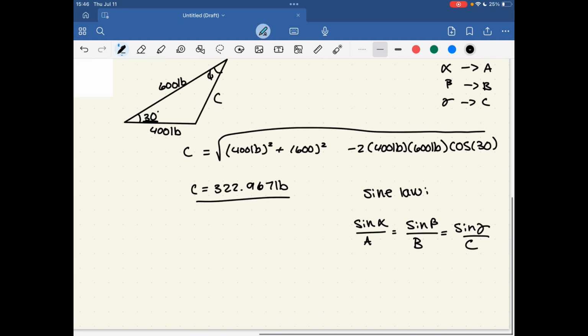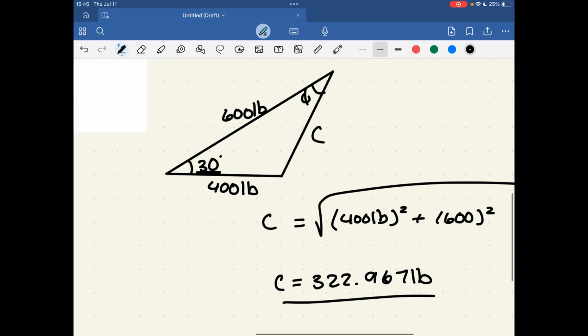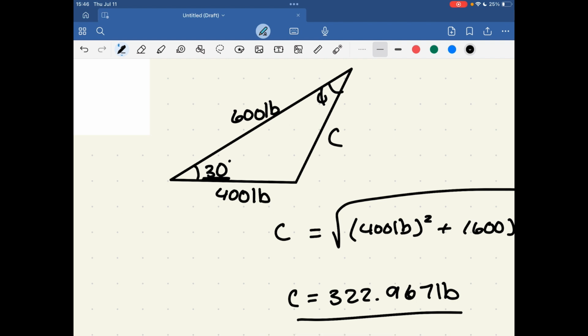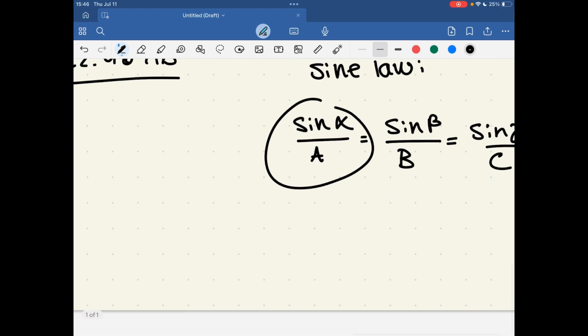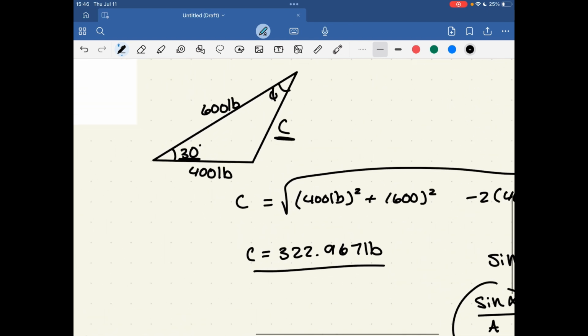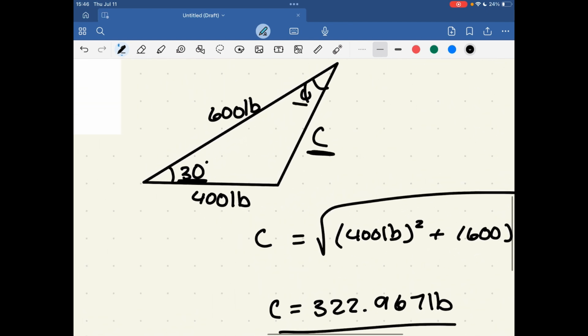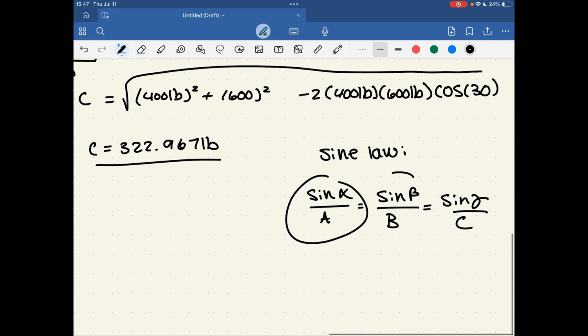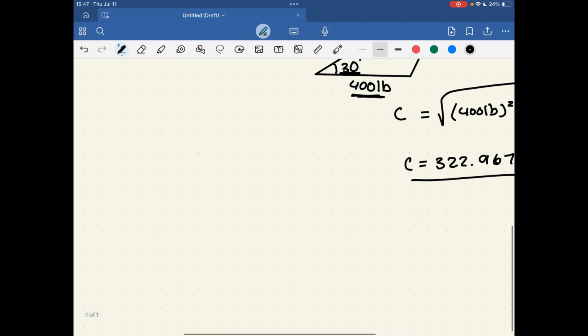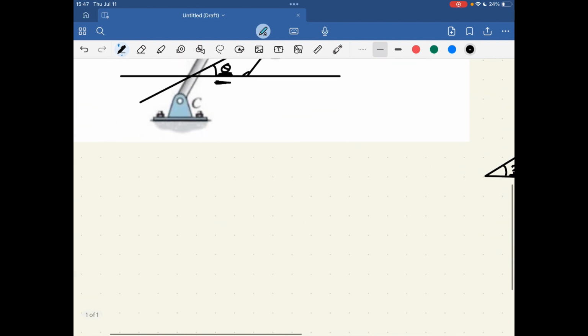Now, let's say we know 30 degrees and the side it corresponds to. So we know one of them. Now, all we need is one more. We don't know what phi equals, but we do know the side it corresponds to, which is 400 pounds. So we know another sine. So let's set them up equal to each other.